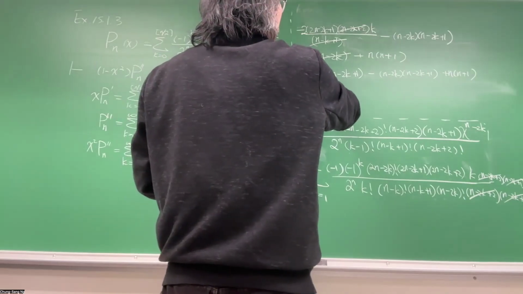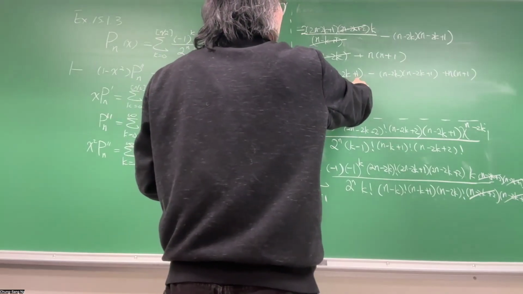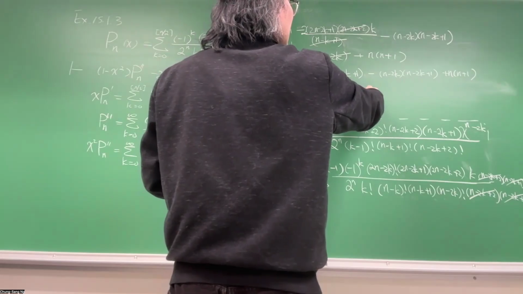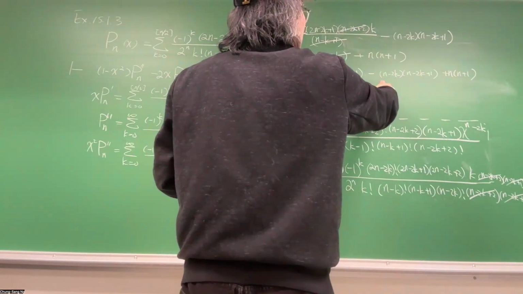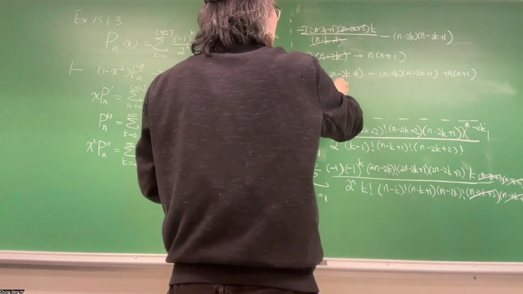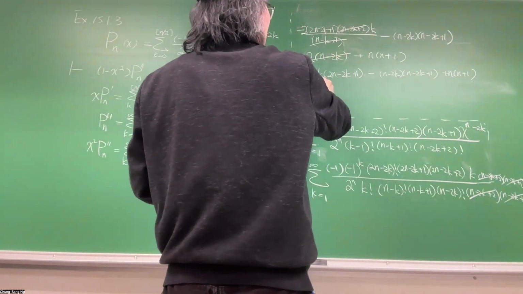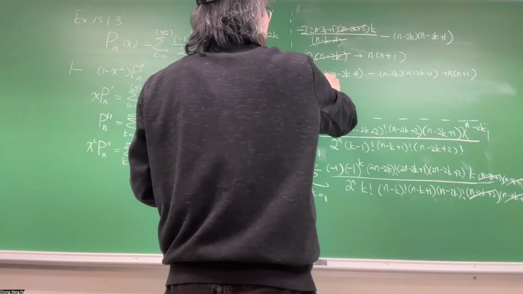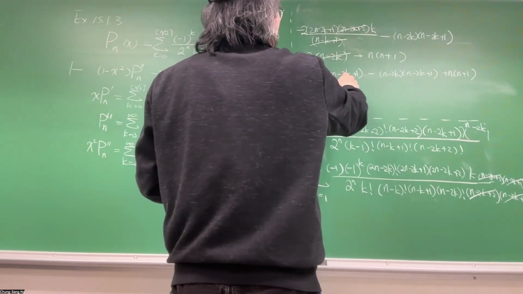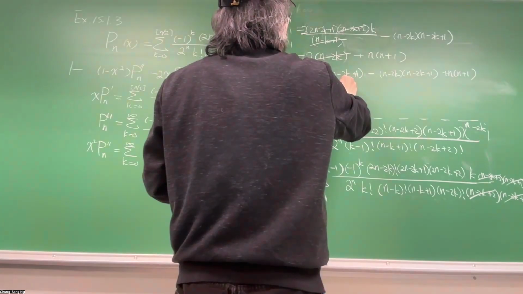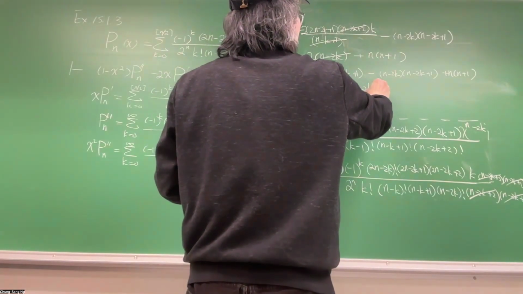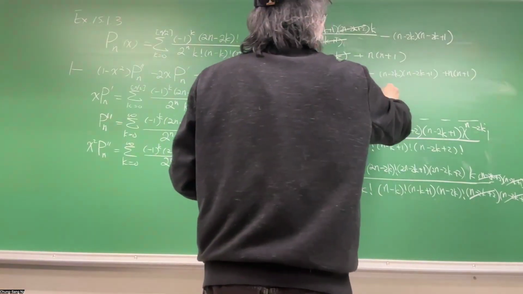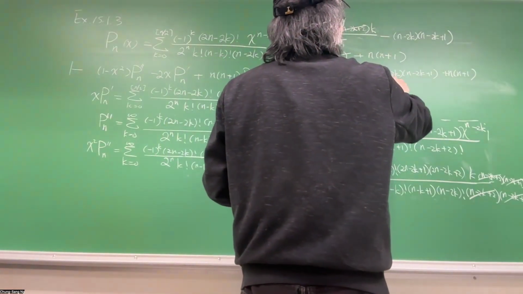This, I'll explicitly see it. Minus 4kn plus 4k squared minus 2k, and that one has minus n.